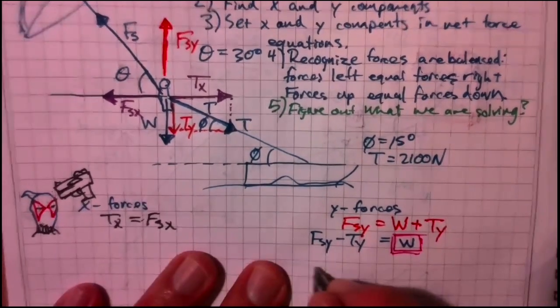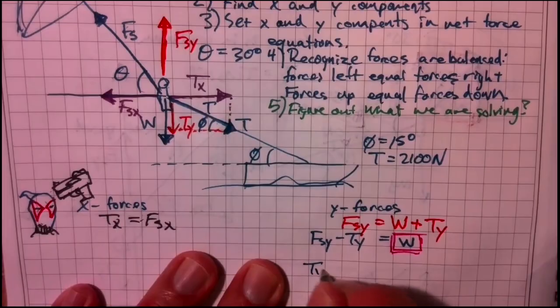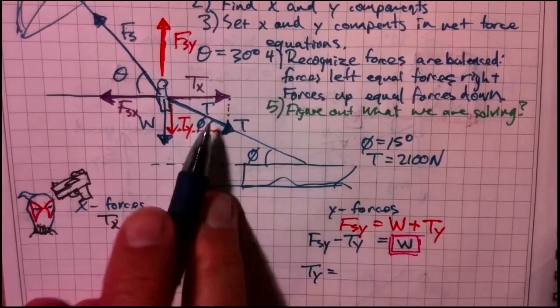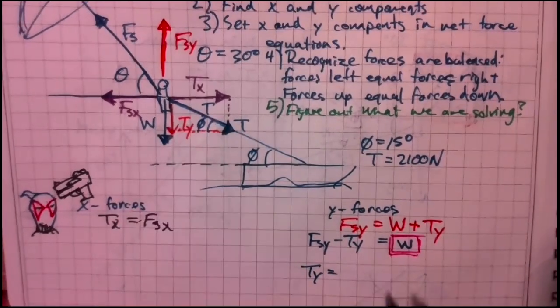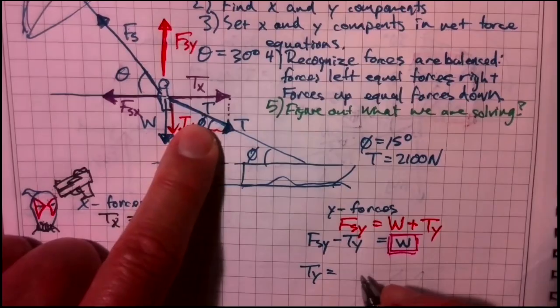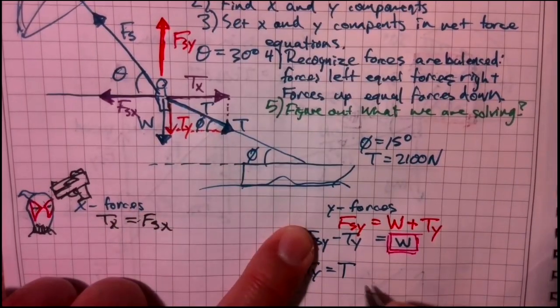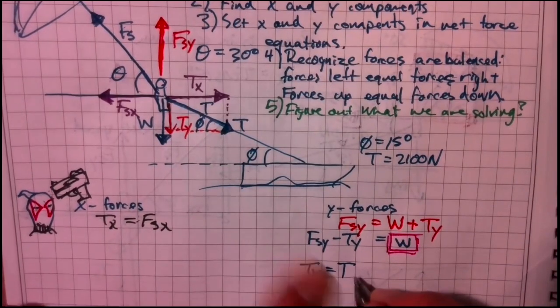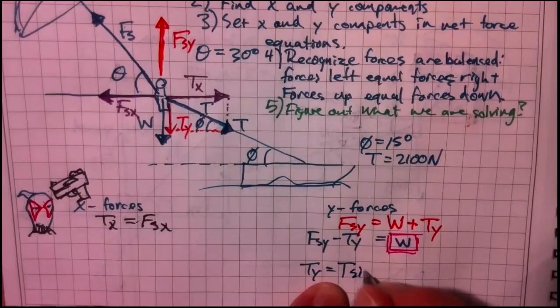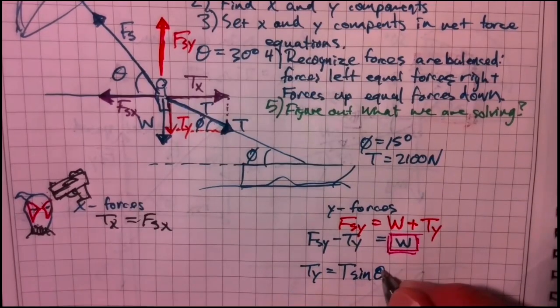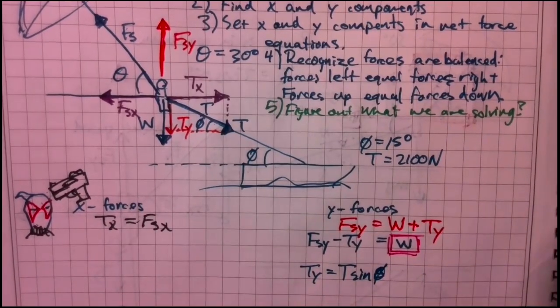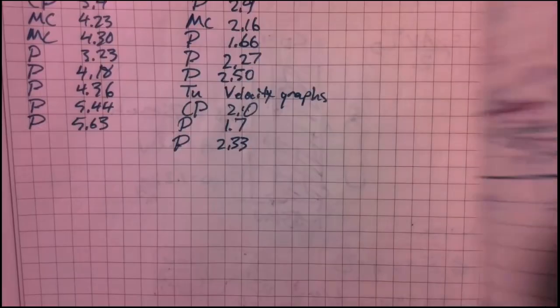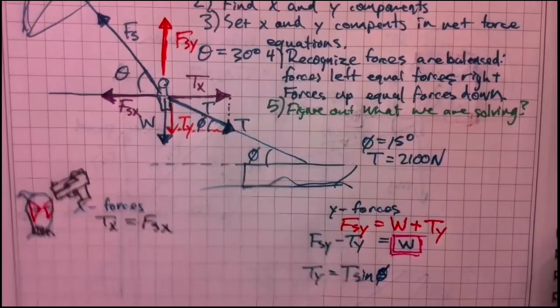TY is going to equal the opposite side. So our hypotenuse is T, and since it's the opposite side, it's going to be sine of phi. Let me make sure, yep, that's sine of phi.